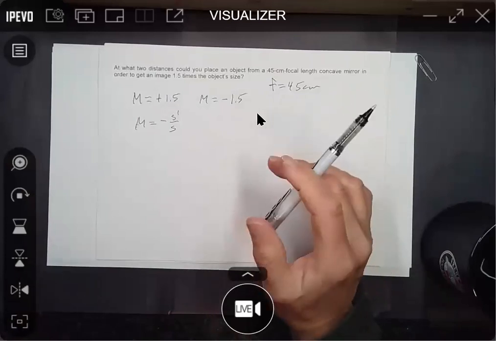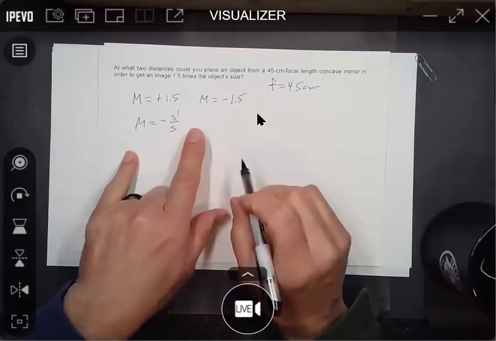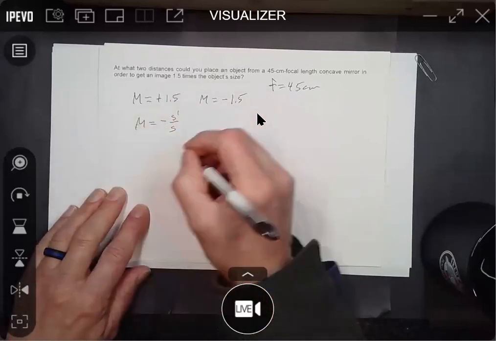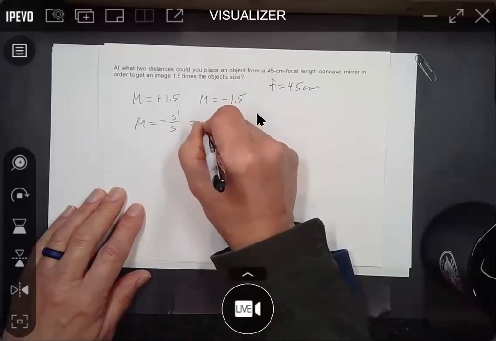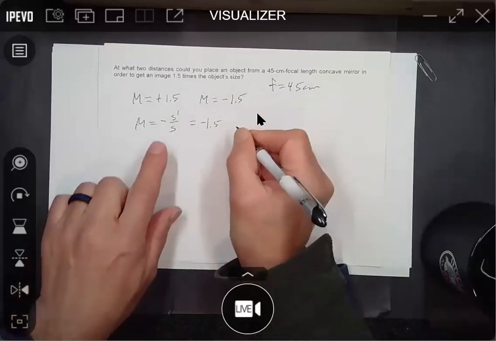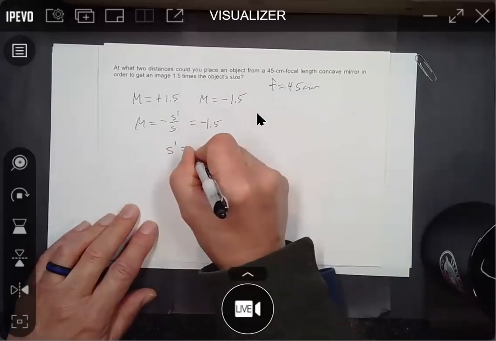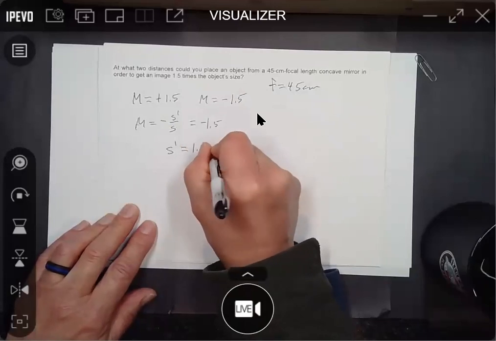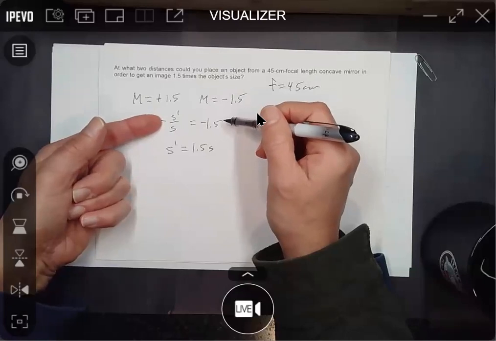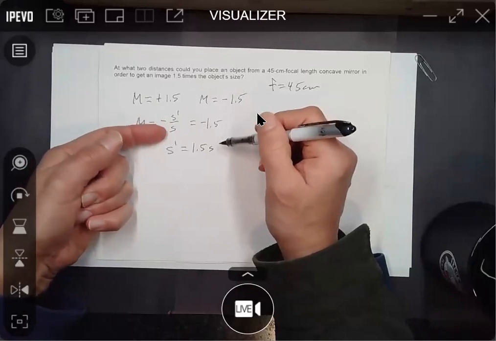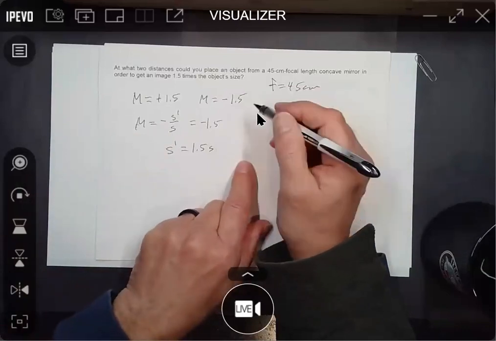So with the negative magnification, if it's minus 1.5, that tells me that s prime will equal 1.5s. Minus on both sides, I can multiply both sides by minus 1 and get s prime over s is that.